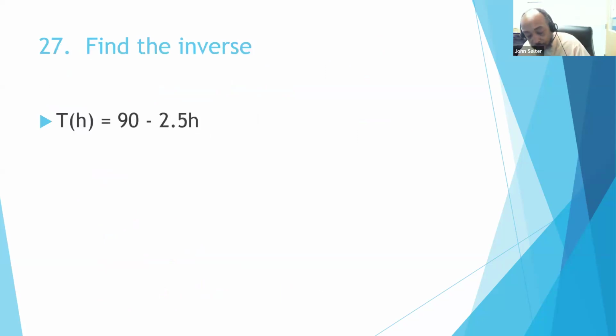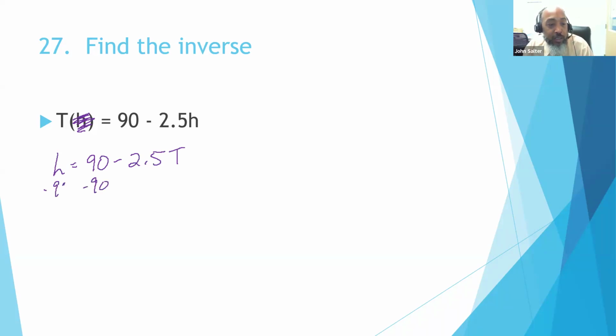Find the inverse. All right. I'm just gonna call this variable here t is equal to this. To find the inverse, I switch places and solve for it again. So I'm gonna get h is equal to 90 minus 2.5t, and then solve for t. So minus 90 on both sides.